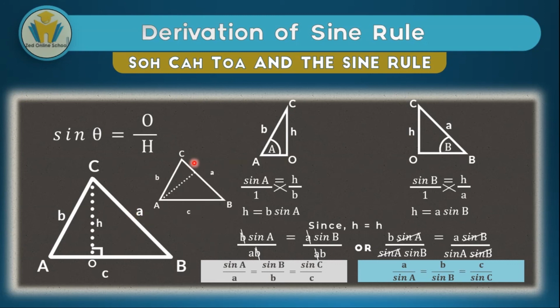If we use this altitude to make another set of ratios that are equal to each other, you can see that we will have C's and B's.